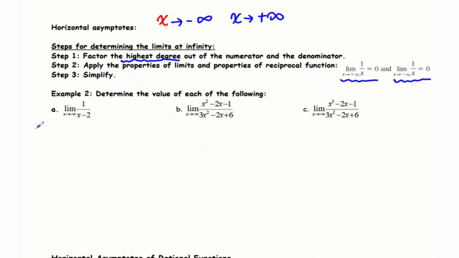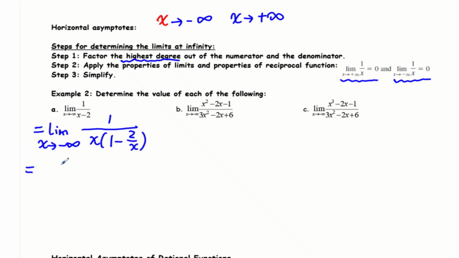So for example, this one, this is a limit as x approaches negative infinity. We want to factor the highest degree. This is 1, so we factor x out, then x divided by x is 1, then minus 2 divided by x.